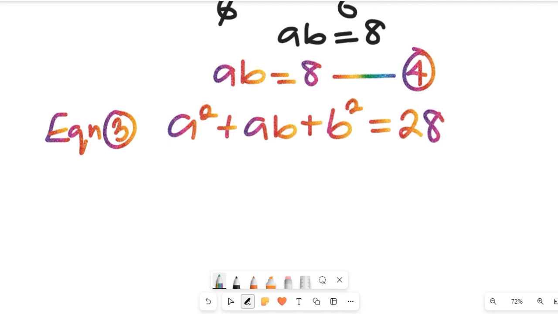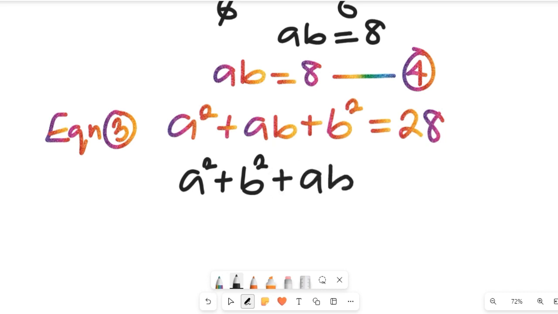So what do we do with this expression? From this expression, we can simply simplify. We'll have a squared plus b squared plus ab to be equal to 28. So we just rearrange that.